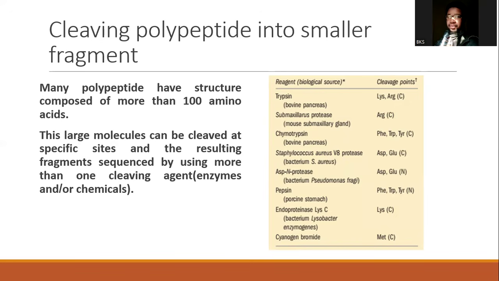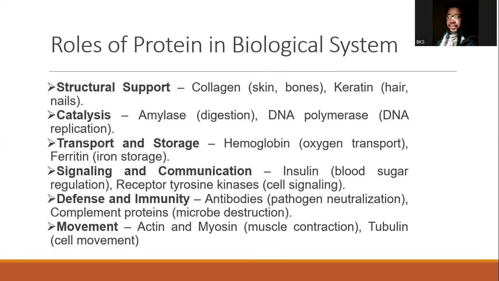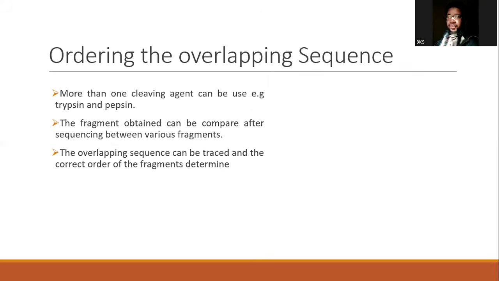After sequencing the fragments, you know them. Now the next thing you will do is consider that they are all from the same protein. So you compare the sequences produced, and you will be able to see where an overlap occurs.